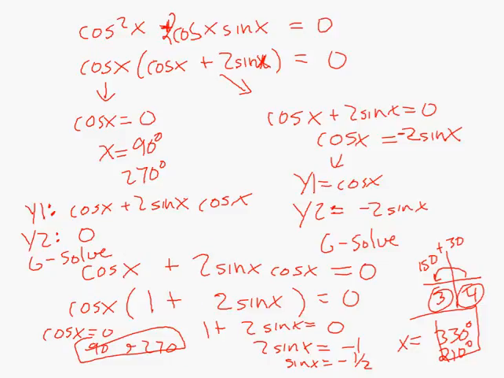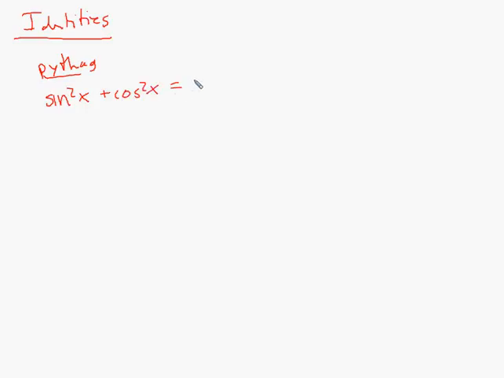Okay. Next thing that you need to be able to do are identities. Are you okay solving? Like you understand the concept? We're good? Okay. Alright, identities. You need to recognize your Pythagorean identities. That's going to be sine squared x plus cosine squared x equals 1.